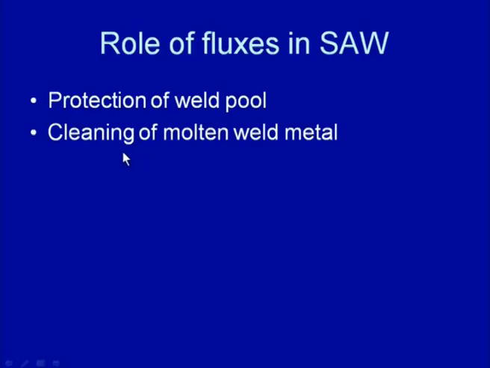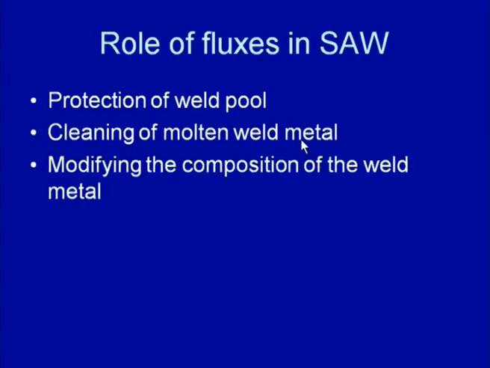Further, it helps in cleaning the weld metal. If impurities are formed in the weld metal, then these are removed by formation of slag due to the reaction between the flux and these impurities. Thus it helps in removing the impurities in the form of slag and cleans the weld metal, and further it helps in modifying the composition of the weld metal.